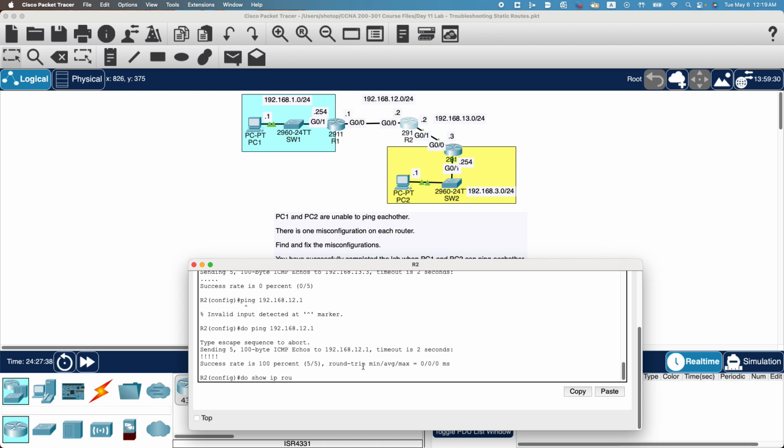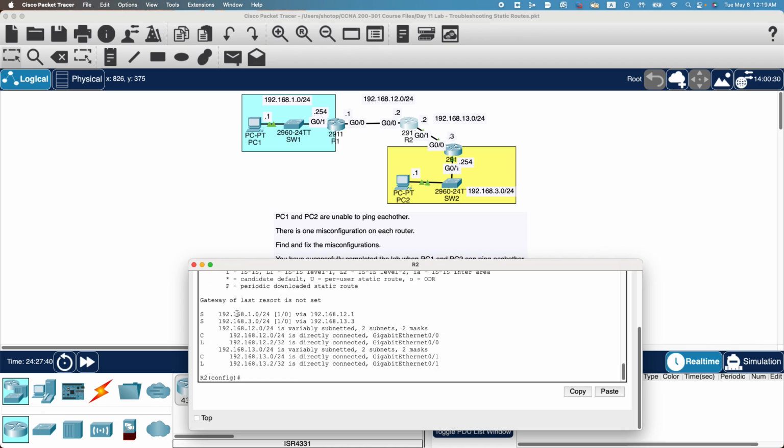Do show ip route. Two static routes, two directly connected routes. One to the 12 subnet, one to the 13 subnet. And then one static route to the .1 subnet, and one static route to the .3 subnet.